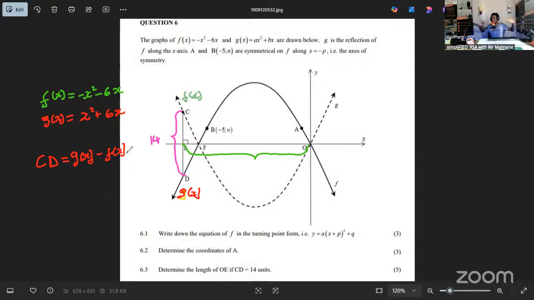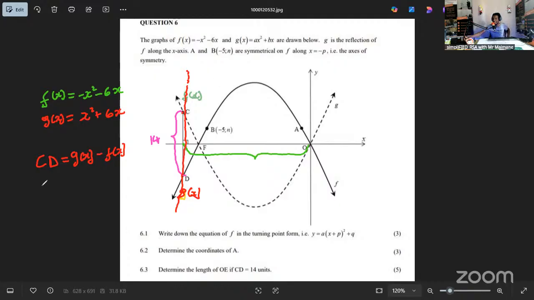You have found the length. We just need the value of x where the distance is 14.